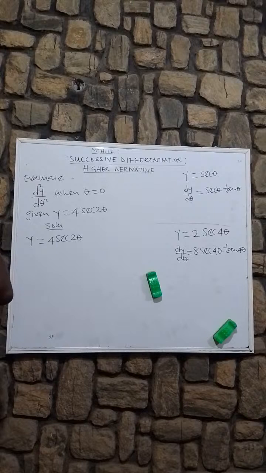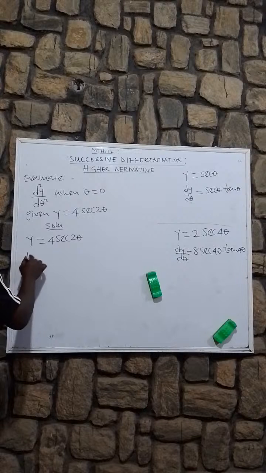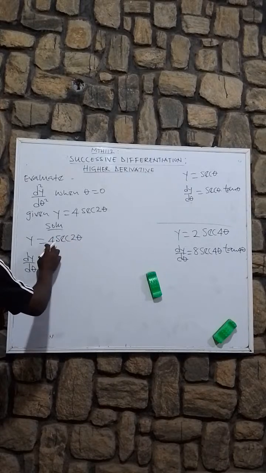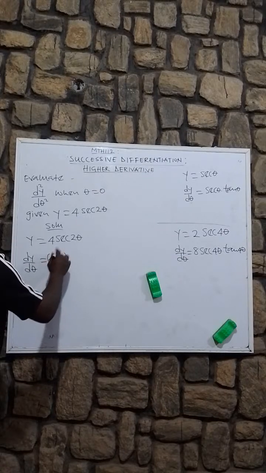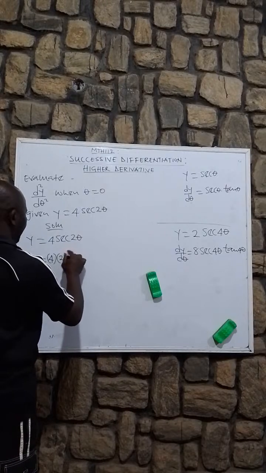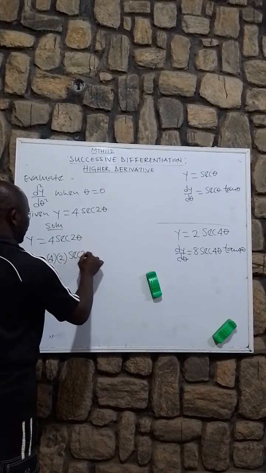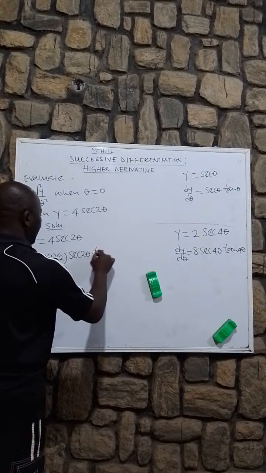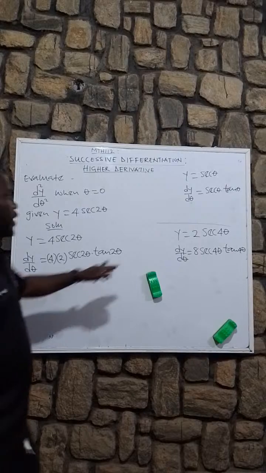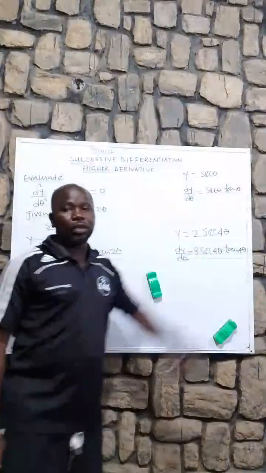So let us obtain the first derivative. The first derivative, dy over d theta, is equal to differentiate this. Use this to multiply this, that is 4 times 2. Then when you differentiate sec 2 theta, you are going to have sec 2 theta times tan 2 theta. Going by this, true or false?